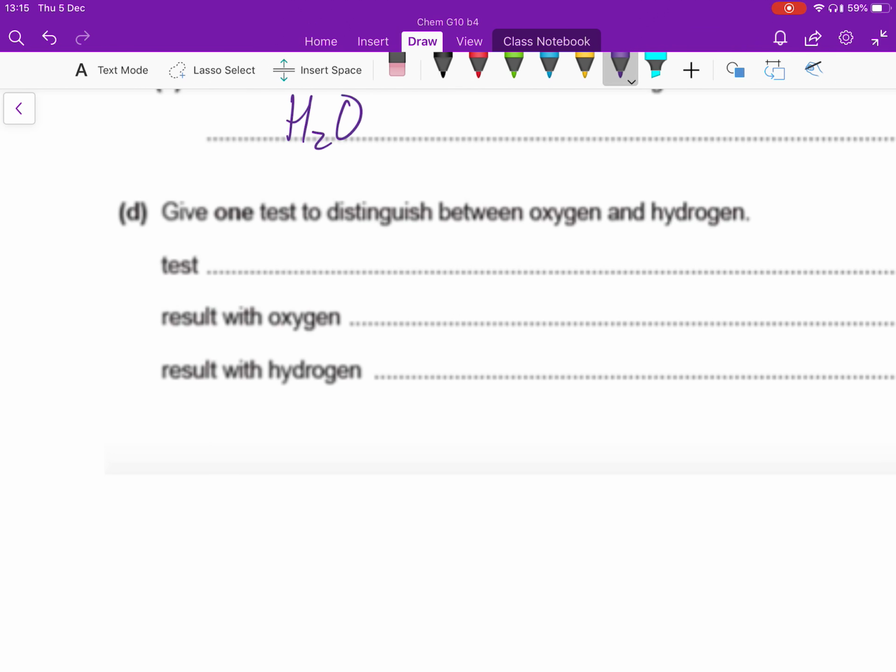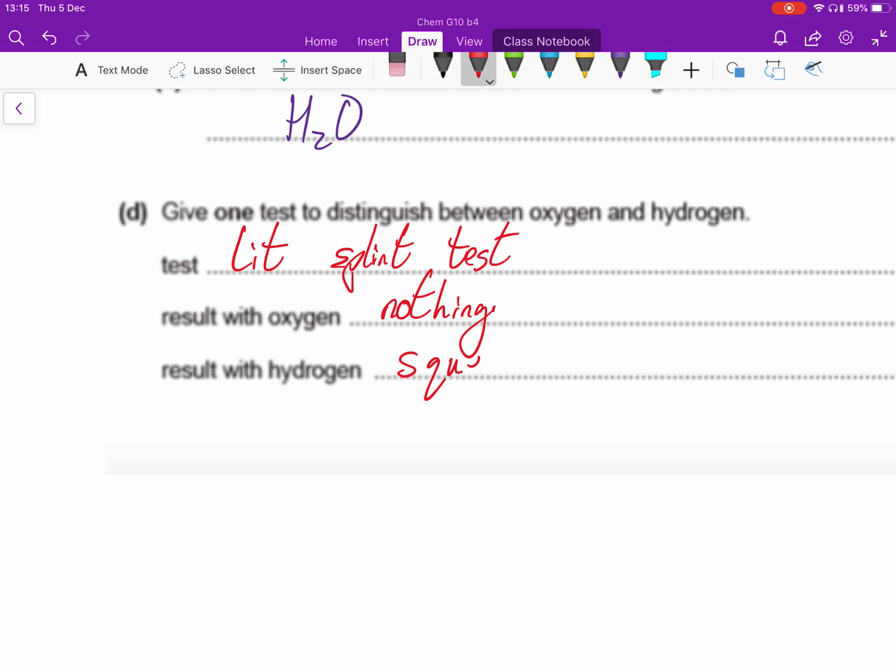Finally, give one test to distinguish between oxygen and hydrogen. So a lit splint test. Now a lit splint, if you put it in oxygen, it's not really going to do anything. It might glow a little bit brighter, which would be acceptable, but generally it will do nothing. Whereas the positive result for hydrogen is a squeaky pop sound.